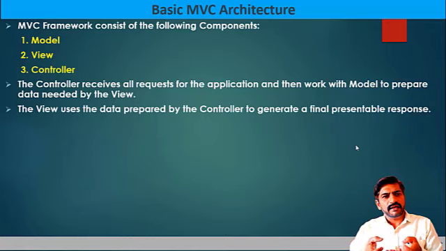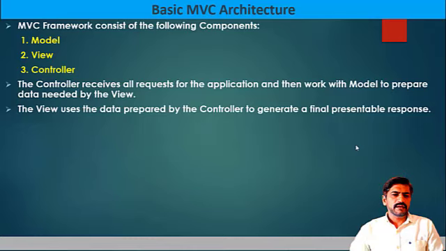The view uses the data prepared by the controller to generate the final presentation response to the user. The view represents the data to the user in different formats depending upon their requirements.